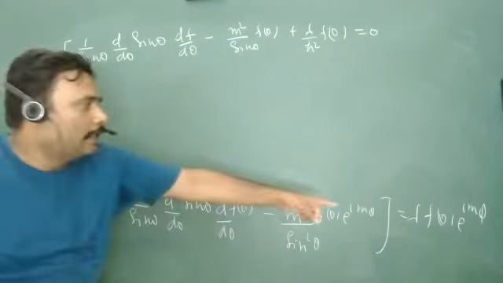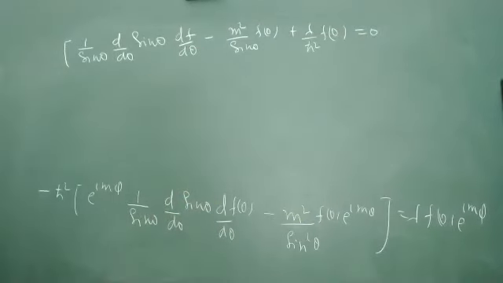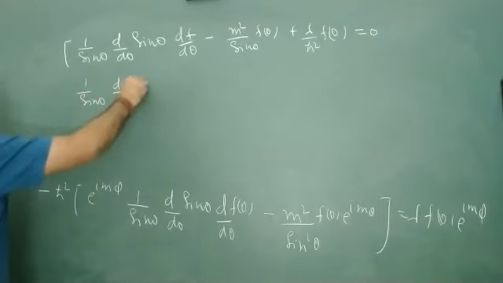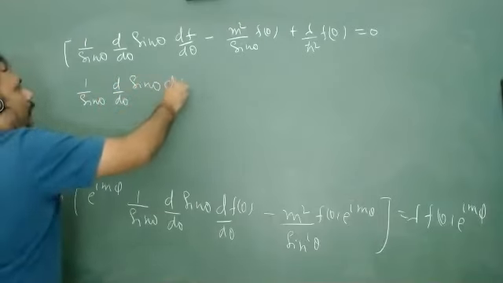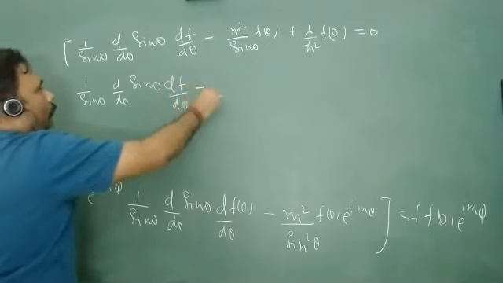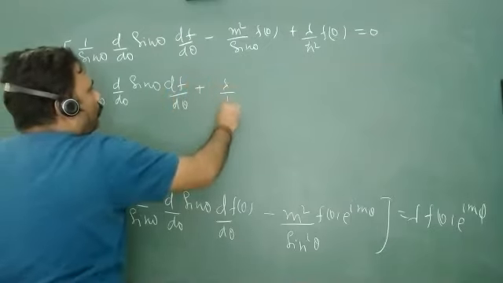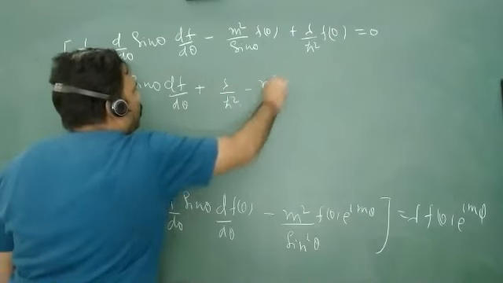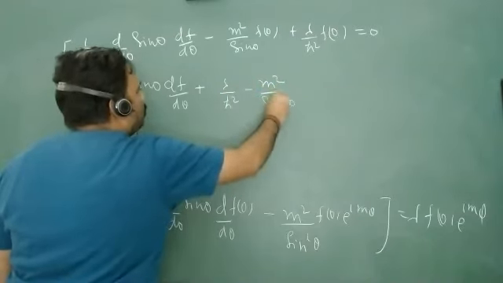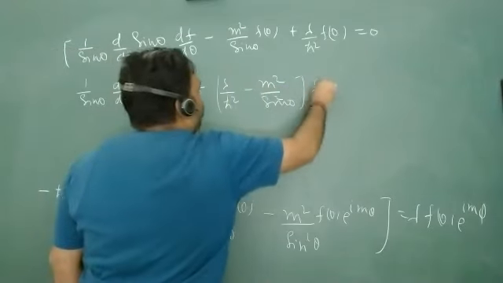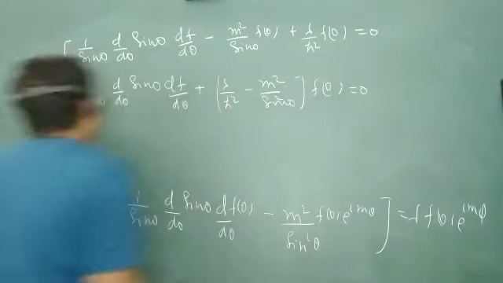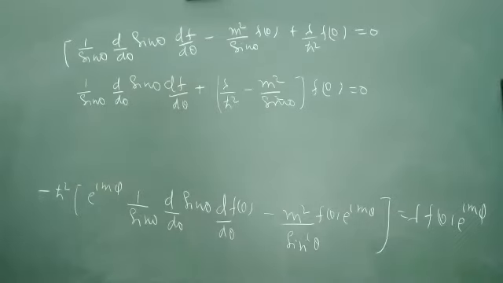Taking minus ħ square to the other side, we have 1 upon sin θ d/dθ (sin θ df/dθ) plus (λ/ħ² minus m² / sin² θ) f(θ) must be equal to 0. So this is my differential equation, and I have to solve it.